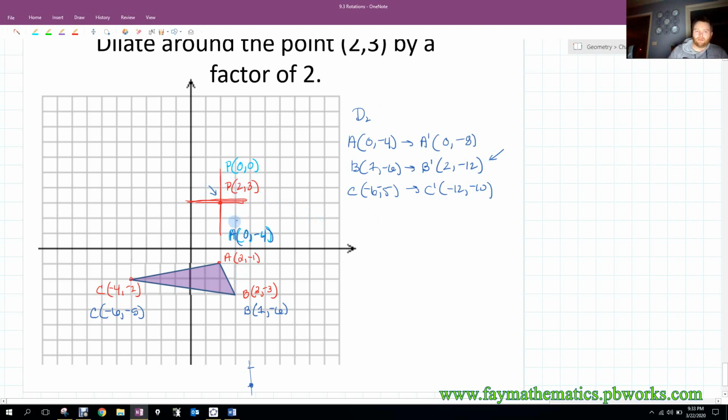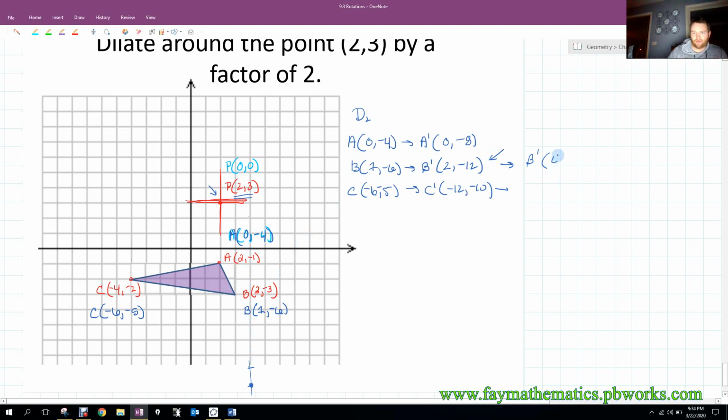Okay, but remember, the problem does not know we put these red axes here. It doesn't know that we're really relabeling everything off of 2, comma 3. So when I want my final answer of B prime, it's not from here. It's not 2 to the right and 12 down from there, but whatever it is from 0, 0, the true origin. I'm going to go over 1, 2, 3, 4, and then down 1, 2, 3, 4, 5, 6, 7, 8, 9.